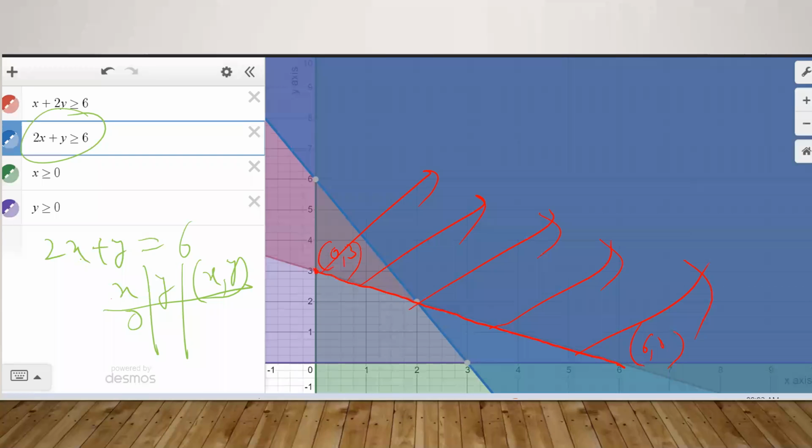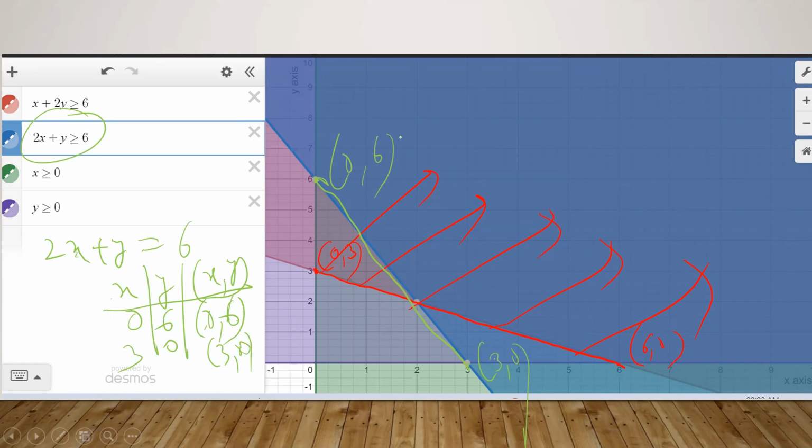Give x the value 0, so you will get y equal to 6, so you will get (0, 6). When you put y equal to 0, you will get x equal to 3, so you will get (3, 0). Let us see where these points are. (0, 6): x coordinate 0 and y coordinate 6. This is the point (0, 6). And where is (3, 0)? It is here. Now what you have to do? Join these two points. And you want this region, so it is above this line. And these two are nothing but your first quadrant.